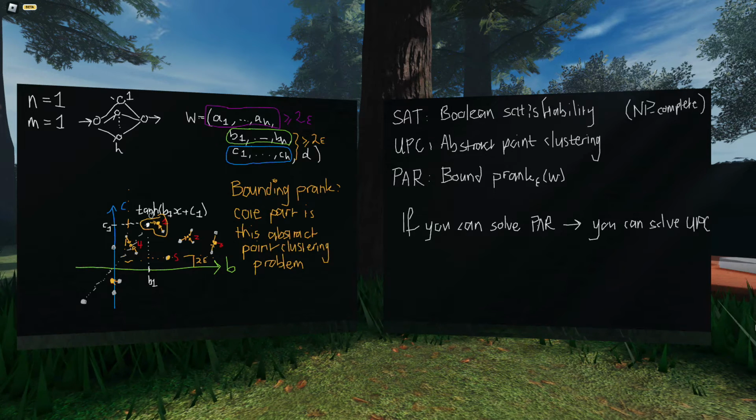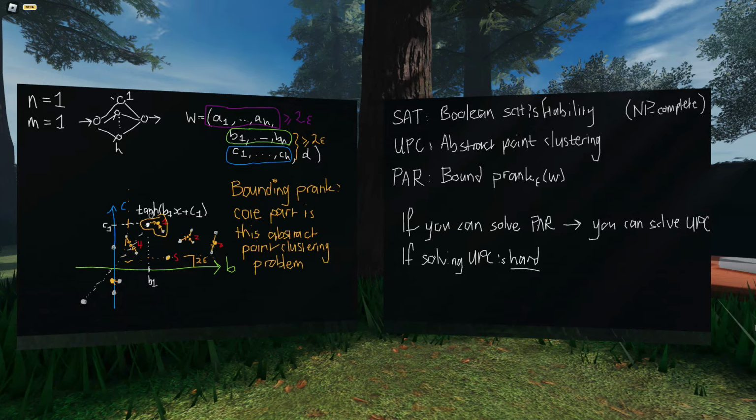That gives you a solution to those UPC instances, which you can then translate to anywhere in the plane. So if you can solve PAR, you can solve UPC. And that means that if solving UPC is hard, where hard means something like NP-complete or some computational complexity statement, then so is solving PAR.